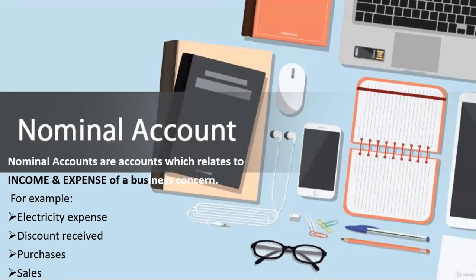For example, electricity expense, discount received, commission received, purchase, sales, these are all nominal accounts. You have to revise all these accounts, and we'll continue to learn the golden rules of accounts on the basis of these three types of accounts, real, personal, and nominal, in the next lecture.